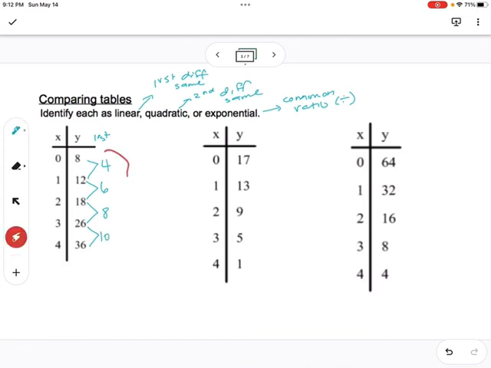Okay, so our first differences are not the same, so we know it's not linear. Let's check our second differences and see if that works. So 6 minus 4 is 2, 8 minus 6 is 2, and 10 minus 8 is 2. Now, because our second differences are the same, this is quadratic.